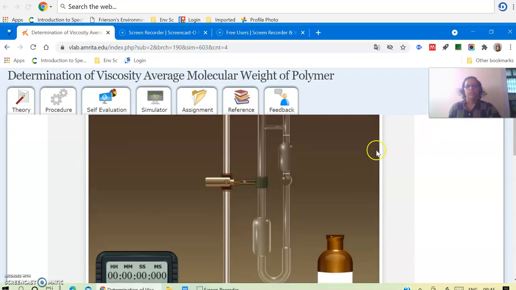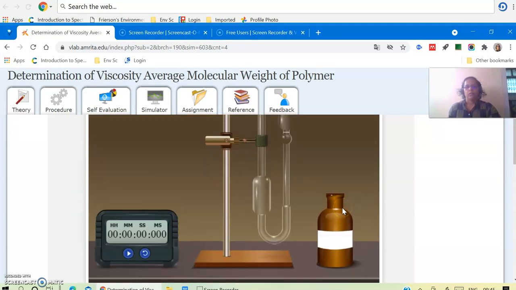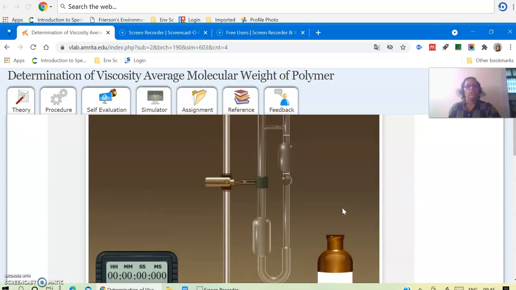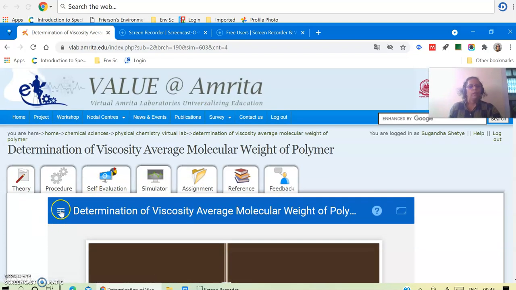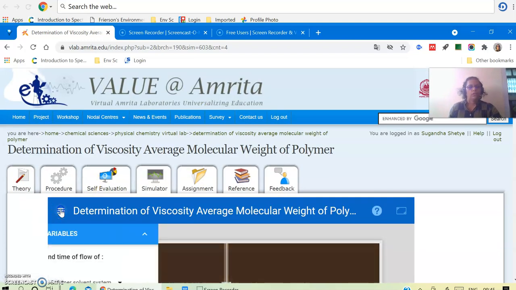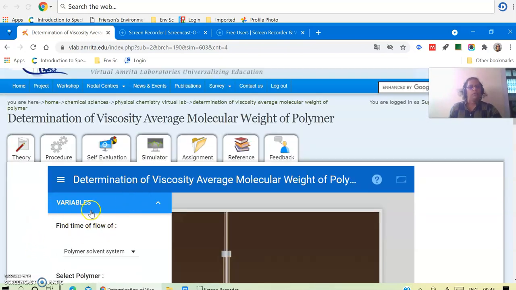You can see the Ostwald viscometer, the stopwatch, and this is the reagent bottle, which contains your solvent and polymer solvent solution. Then you will click over here to select the solvent. It is written variables. Find time of flow of. First we will find the time of flow of the solvent system.